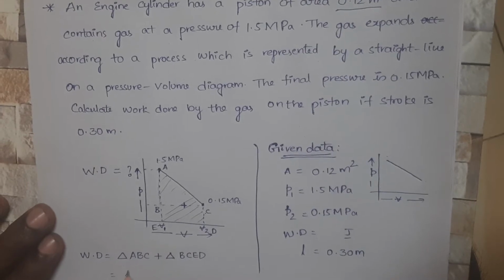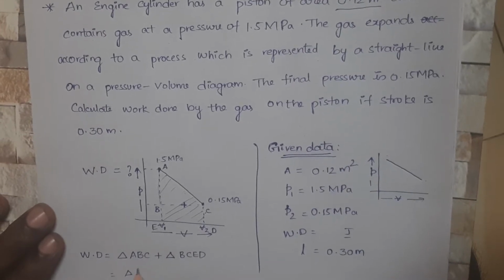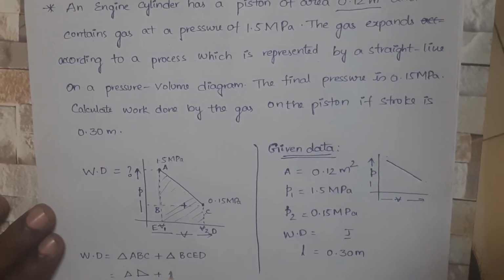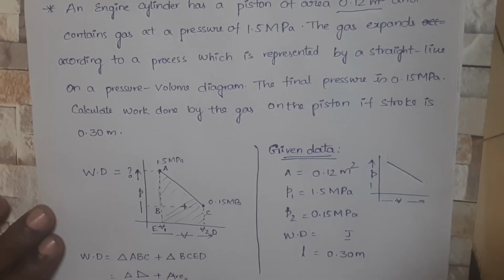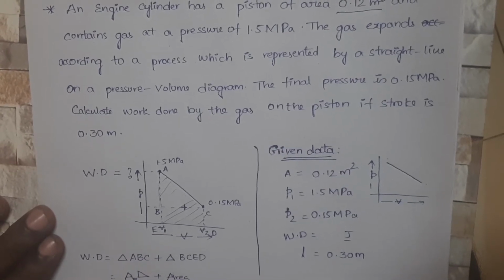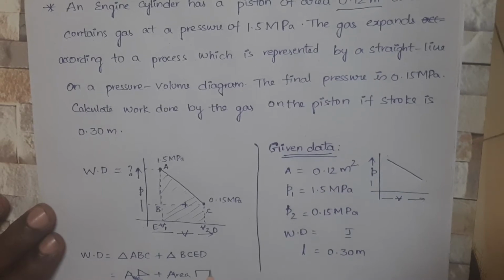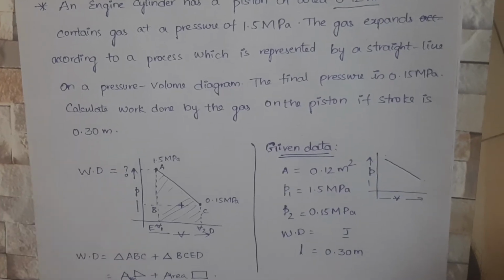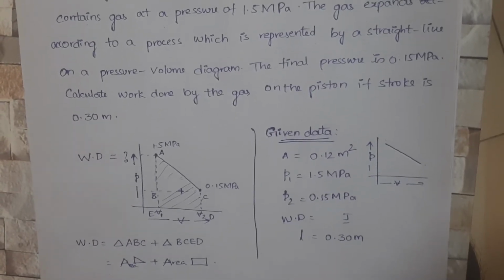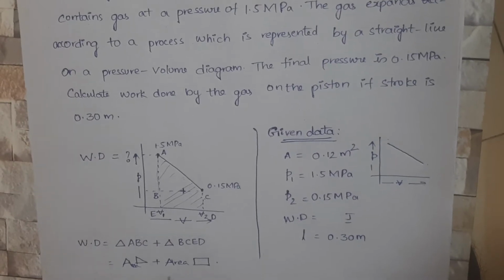That is, area of triangle plus area of rectangle. This is what we need to know.